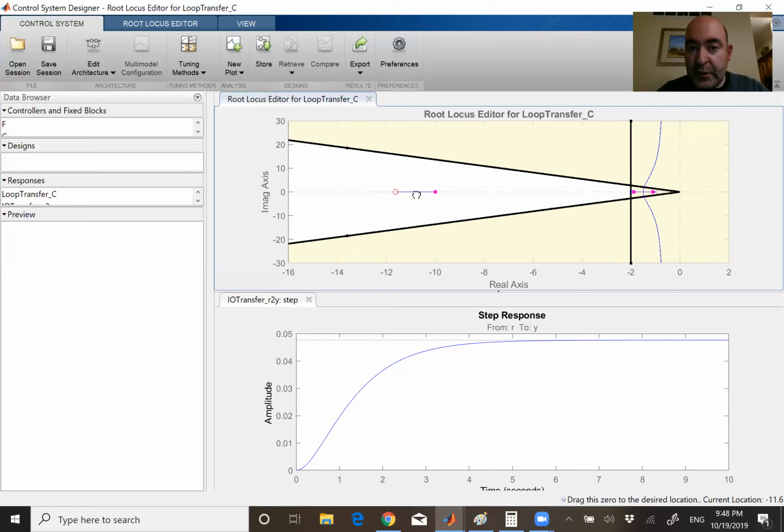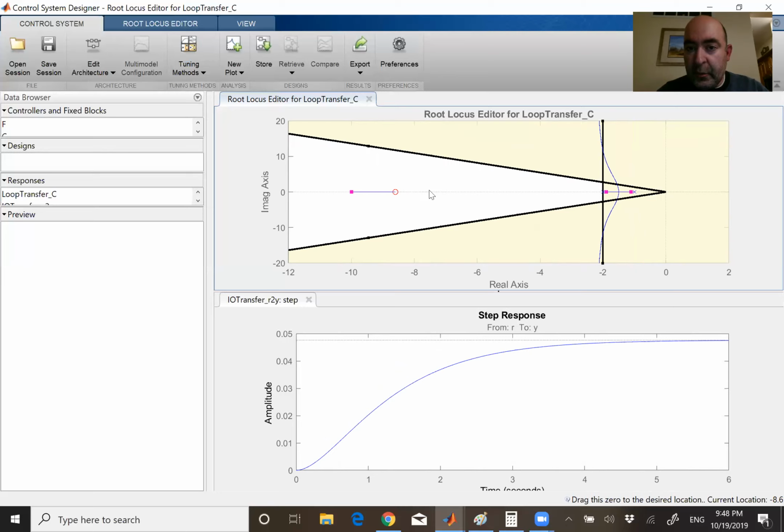So probably the best way to do it is to start moving in the other direction. And notice as I start moving in the other direction, these branches of my root locus, these guys here, will start moving into the desired region. What I would like to see is the branches coming into this white region. So this is basically a trial and error process, and you're going to have to move this around a little bit.